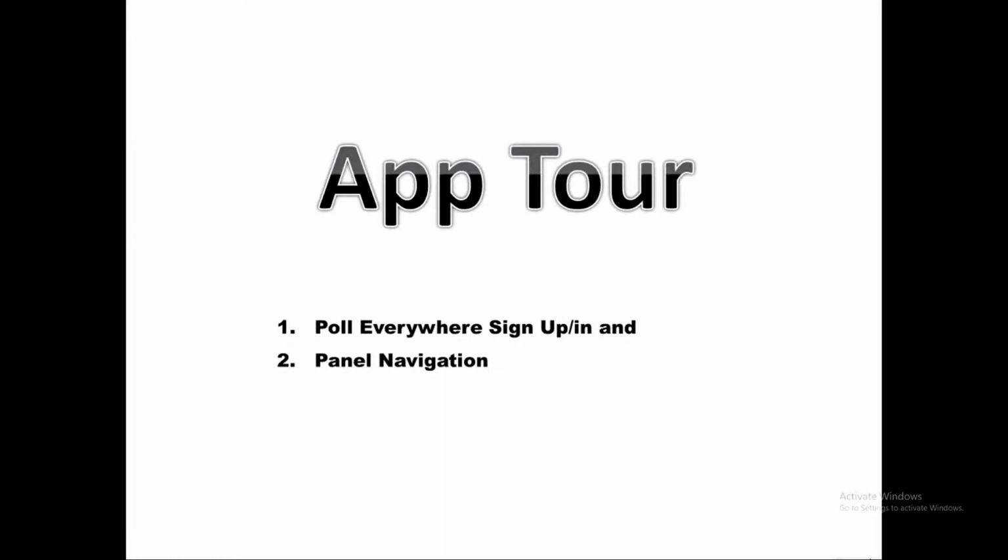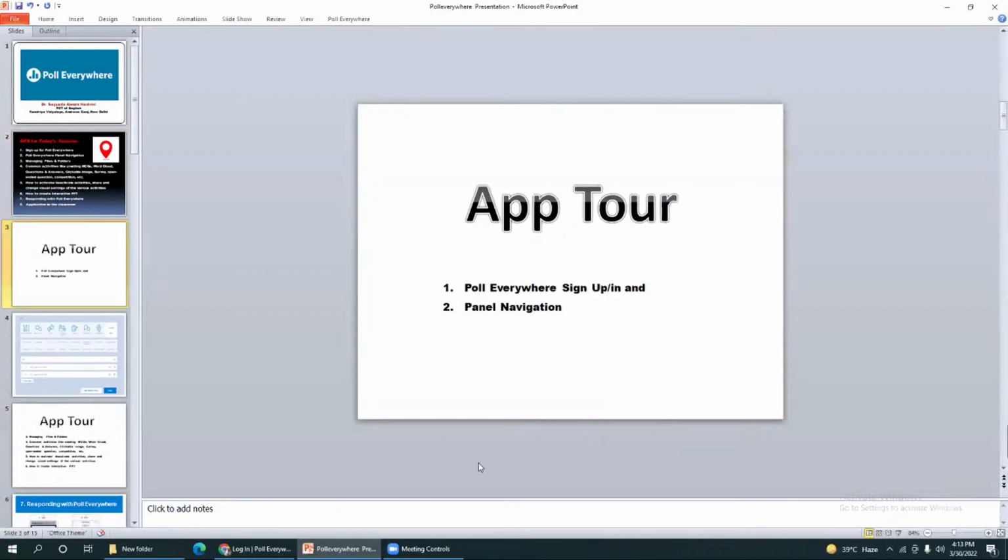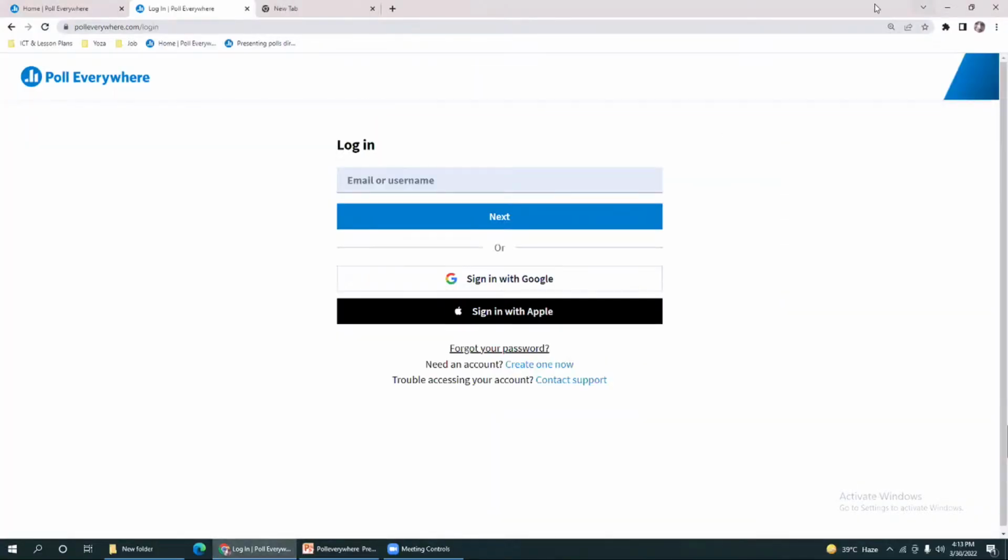I am going to take you to the app tour where we are going to learn Poll Everywhere sign up or sign in and panel navigation. Dear all, you can see the address polleverywhere.com. You just type it and you will come to the login page.